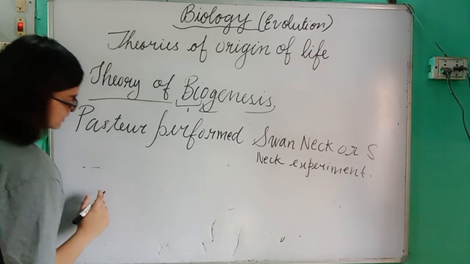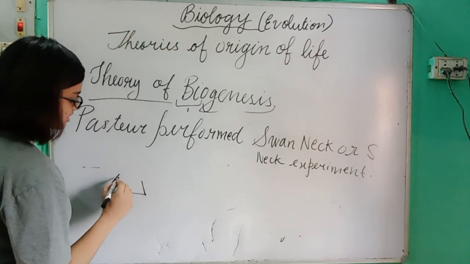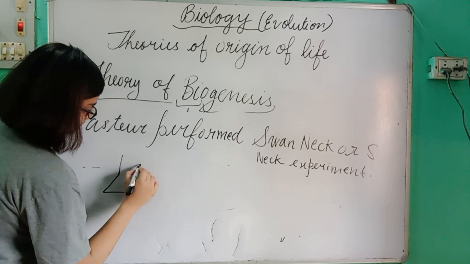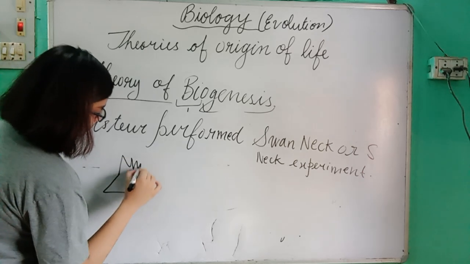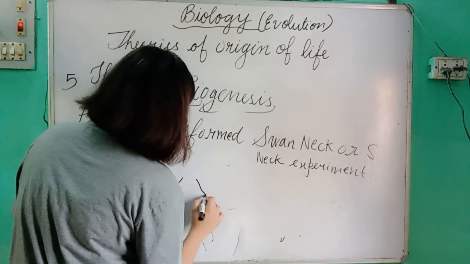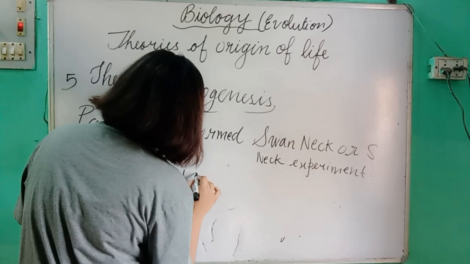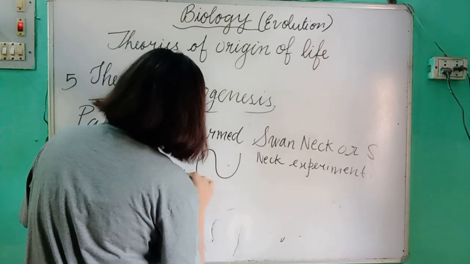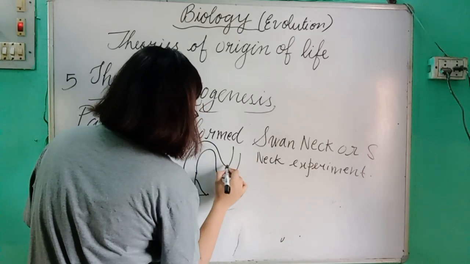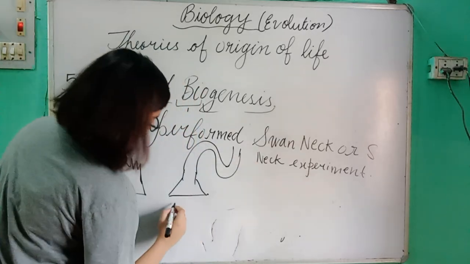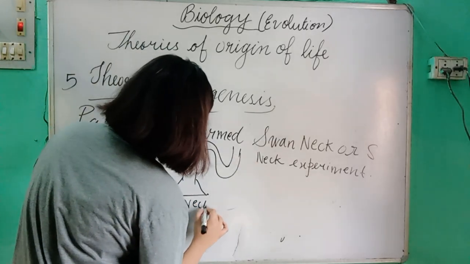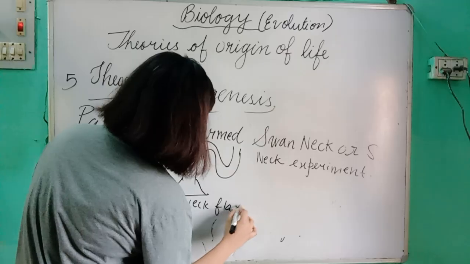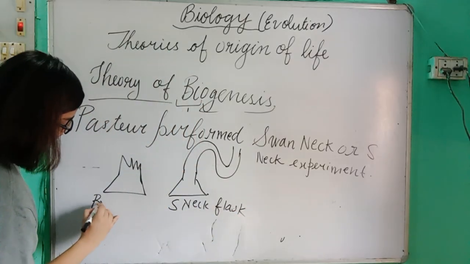Basically, he took 2 flasks, one with a broken neck and the other a swan neck. This was the S-neck flask and the broken neck flask.